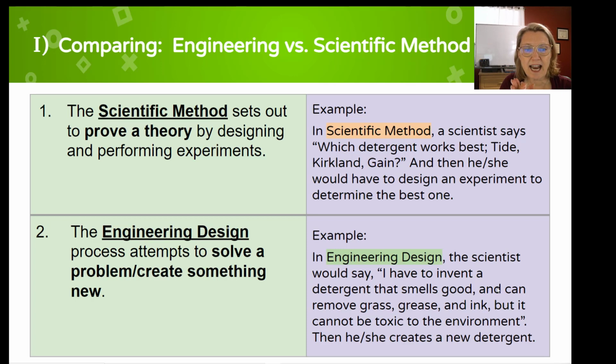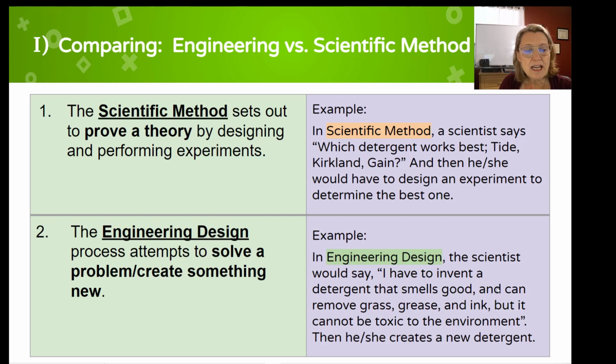So setting out to prove a theory by experimentation. An example of that might be asking which detergent works best, like I said, Tide, Kirkland, Gain, and then they design an experiment to go about and prove what their hypothesis is. Maybe their hypothesis is wrong, but they set out to do an experiment so that they can figure out which one is best.